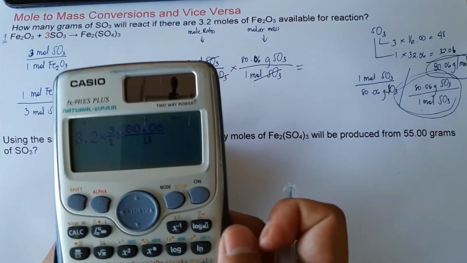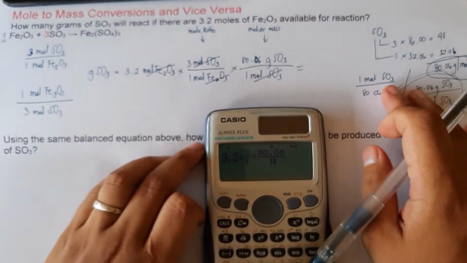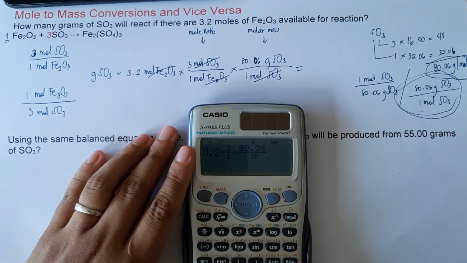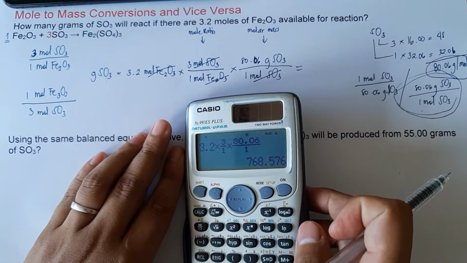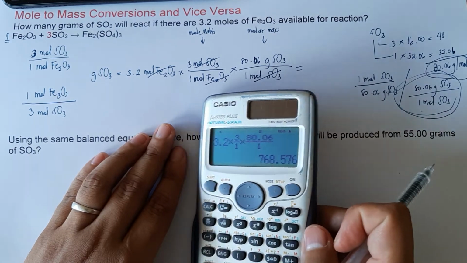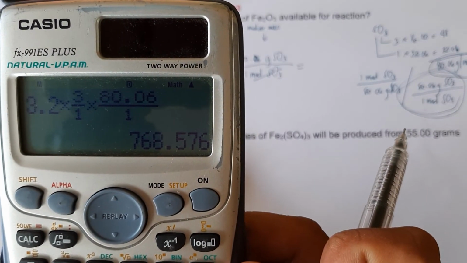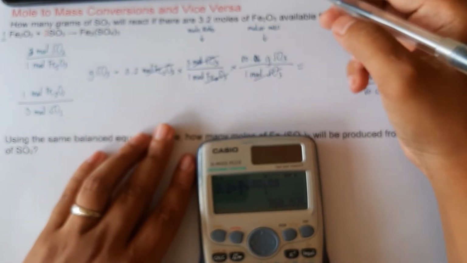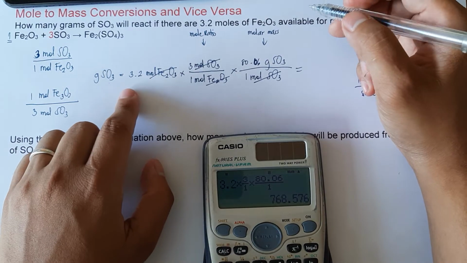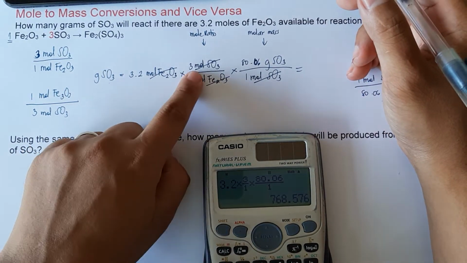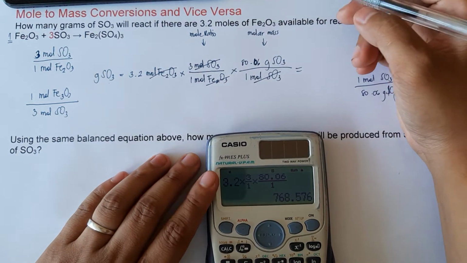Okay, so ganito dapat yung papalabasin ninyo sa calculator ninyo. So, ang magiging sagot natin ay 768.576 grams. Medyo malaki siya kasi, as you can see, 3.2 times 3 times 80.06. So, medyo malaki talaga yung magiging answer natin.